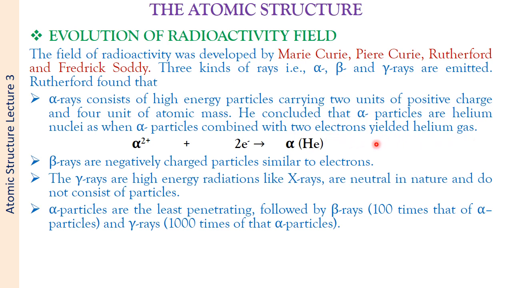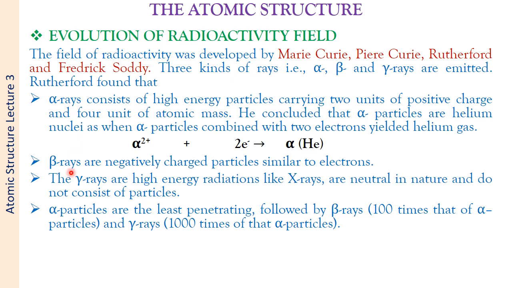So helium basically has 2 protons, that is the atomic number is 2 and the atomic mass is 4. So if we take out 2 electrons from it, what we get is an alpha particle, right? An alpha particle, combine it with 2 electrons, you get what? The helium gas. So this is what he found out, that alpha rays are nothing but the helium nuclei.